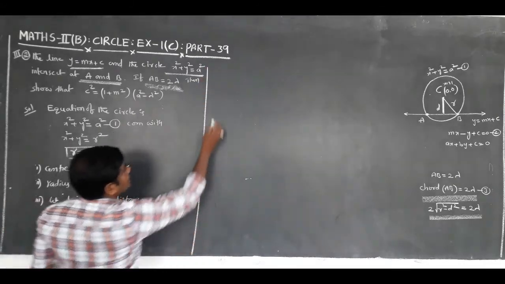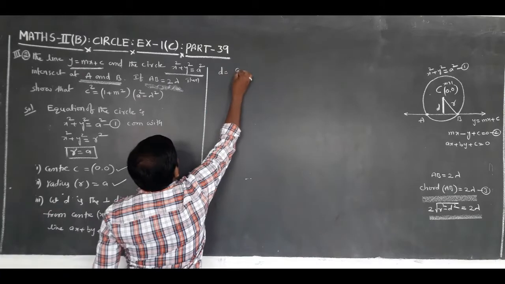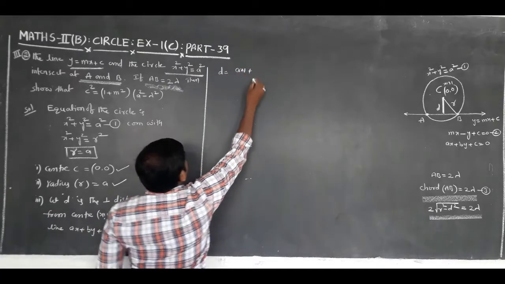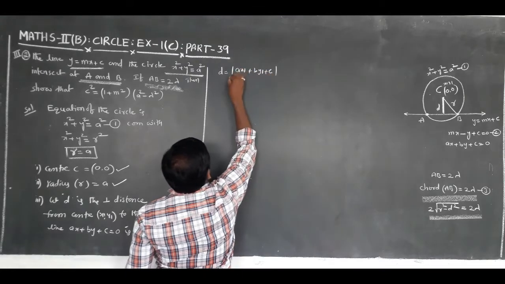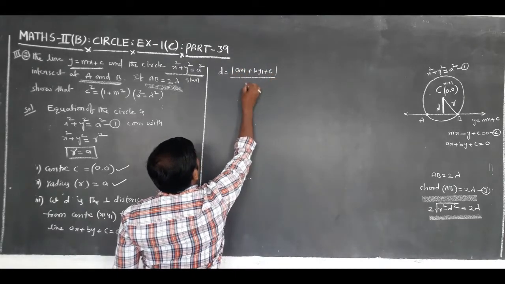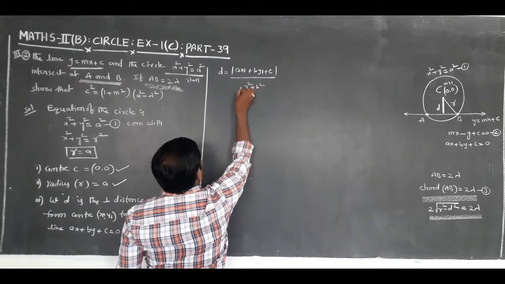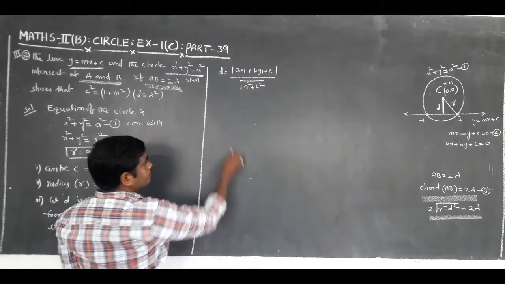Then d is equal to mod of ax1 plus by1 plus c, divided by under root of a square plus b square.